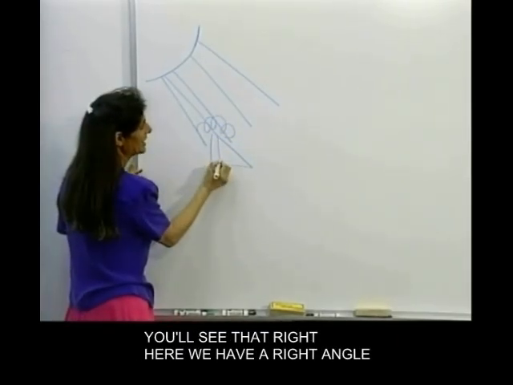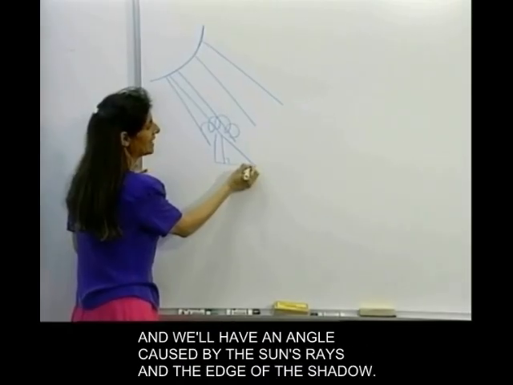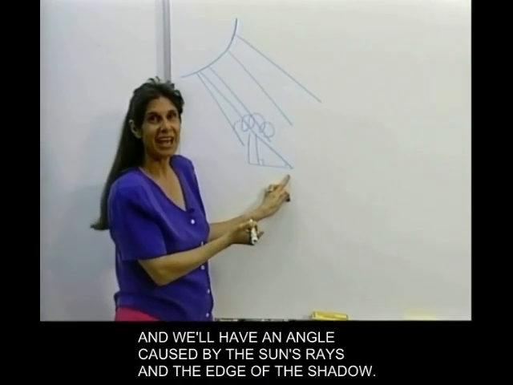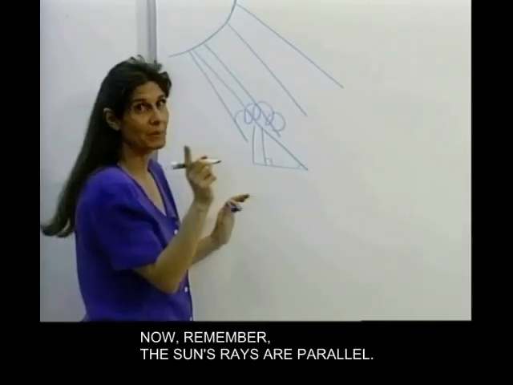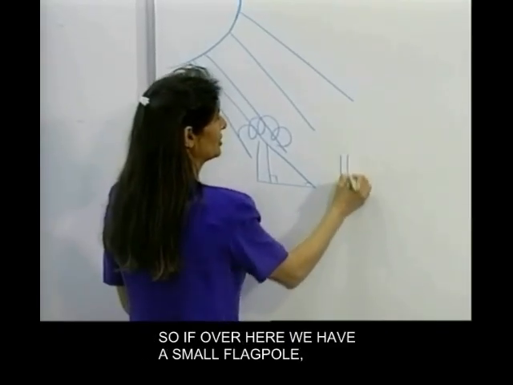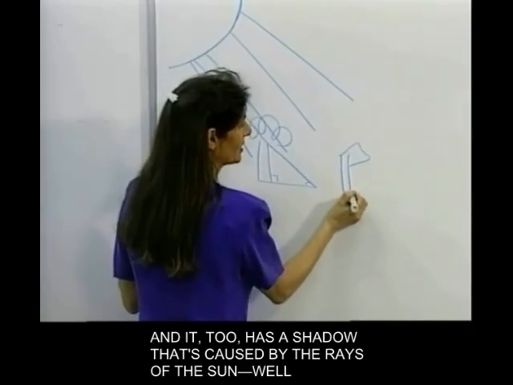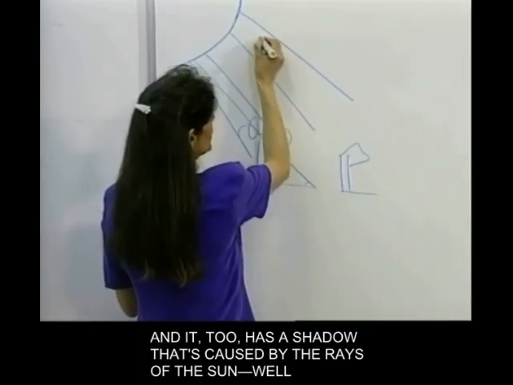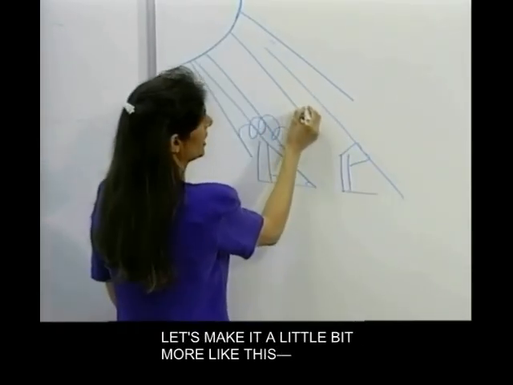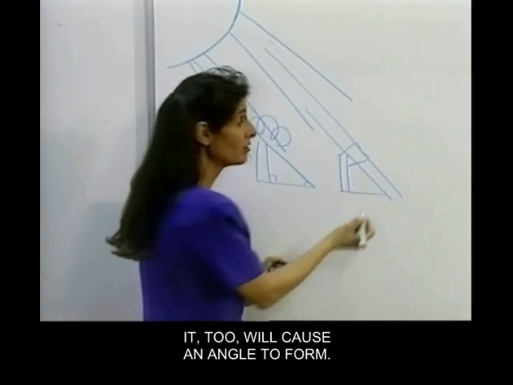You'll see that right here we have a right angle, and we'll have an angle caused by the sun's rays and the edge of the shadow. Now, remember, the sun's rays are parallel. So if over here we have a small flagpole, and it too has a shadow that's caused by the rays of the sun, it too will cause an angle to form.